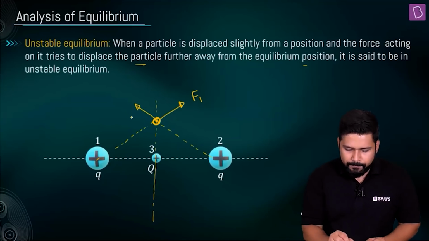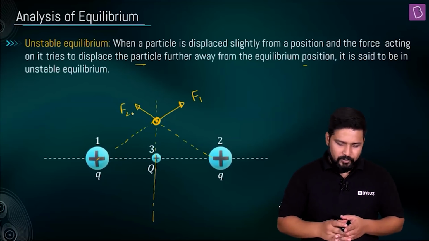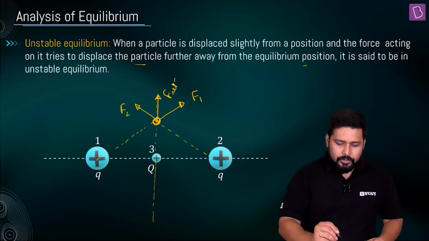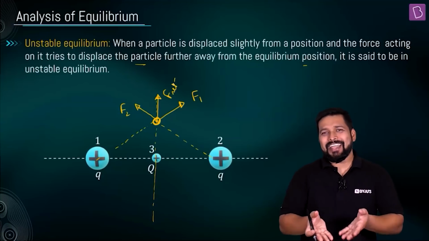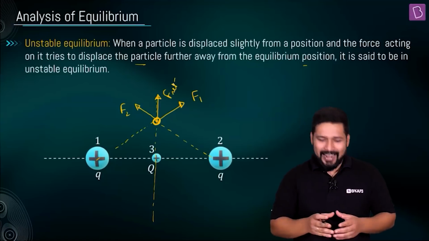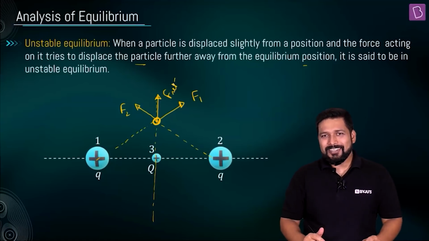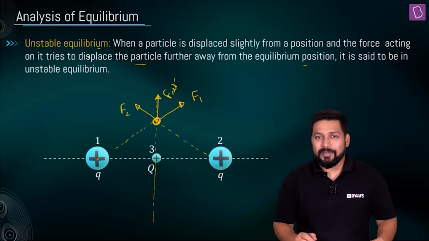Both of them are equal because the distance is equal, right? What is more interesting is that the net force will be in this direction. This is the net force, right? So it is nowhere taking it back towards the equilibrium position. Rather, it is displacing it away from its equilibrium position, isn't it? So it is under a state of unstable equilibrium condition.